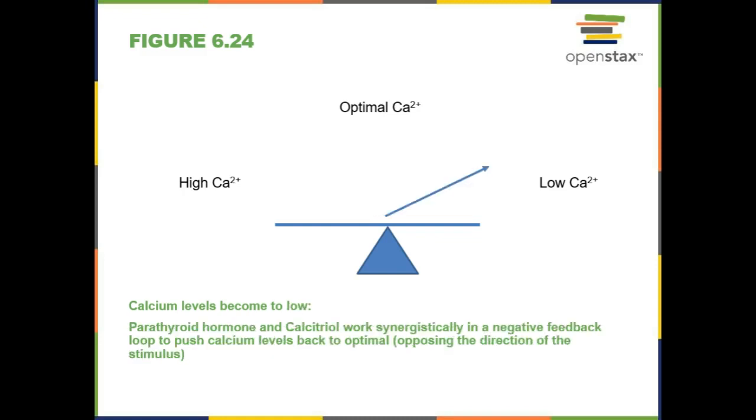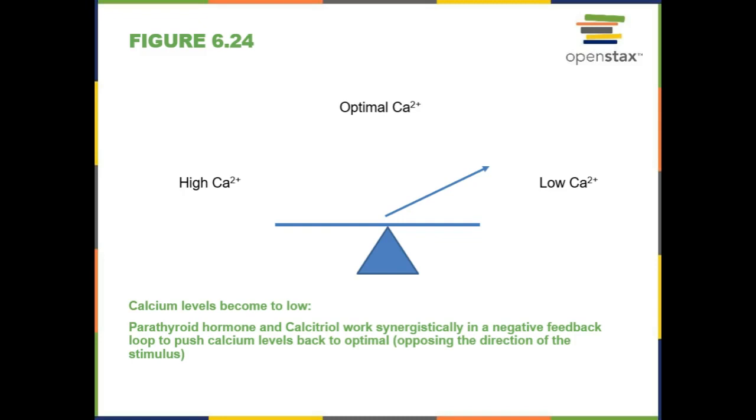If calcium levels become too low, then parathyroid hormone is going to be released by the parathyroid glands. Parathyroid hormone stimulates our kidneys to release calcitriol, and so these two hormones then work together. Calcitriol stimulates the uptake of calcium from our kidneys and from our intestines, so we don't lose as much calcium through urination or defecation.